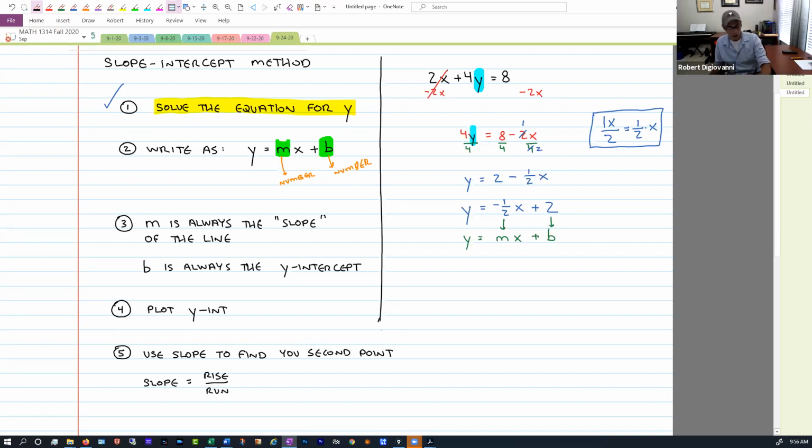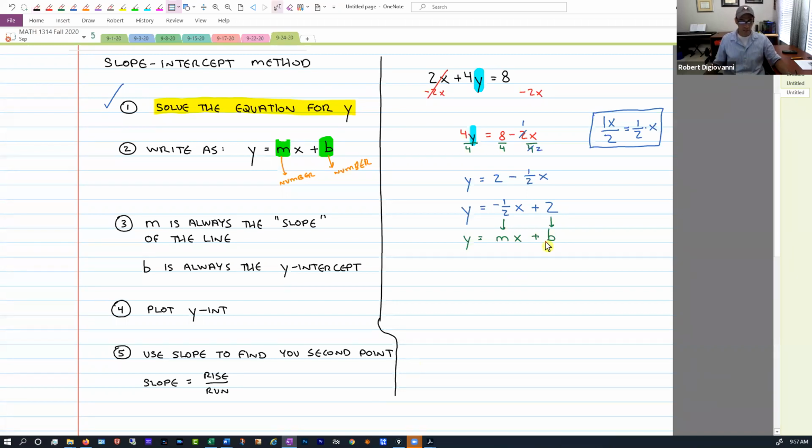I think right now, if you were to look at the slope-intercept form, you'd probably say, I don't like this method because it's all these steps, where the other method was just find the x-intercept, find the y-intercept, and you're done. Here, it looks longer, but as we do a couple of examples, I think you'll see that this actually works pretty fast.